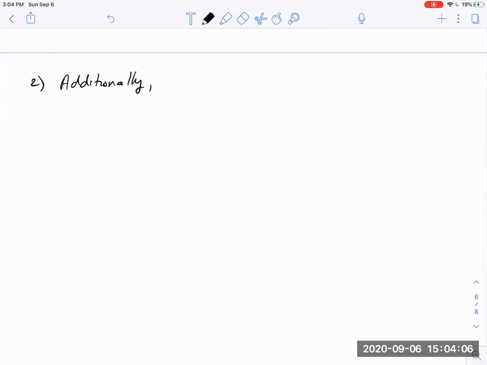Another way to say the Clausius statement, that dS is greater than or equal to dq by T. Again, these are statements of the system in contact with a bath at temperature T. We could always rearrange dq to be dE minus dW.